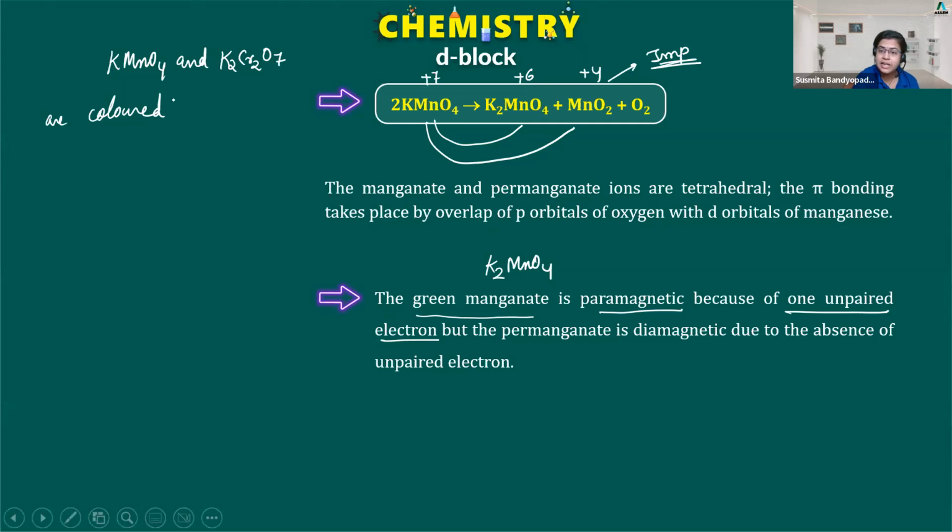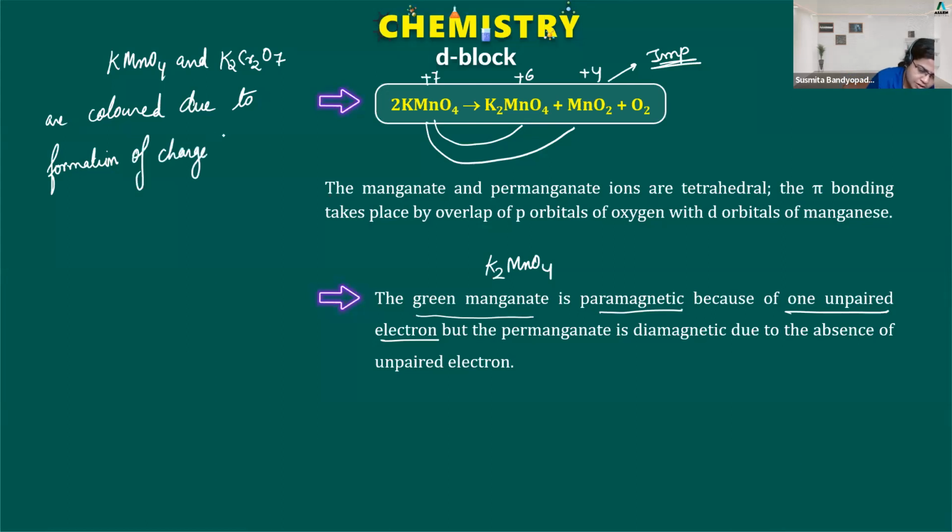Because it's not due to d-d transition. Formation of charge, something I'm getting in the chats. Ligand to metal electron transfer. Okay, yes. Formation of charge transfer complexes. This line would be good enough.